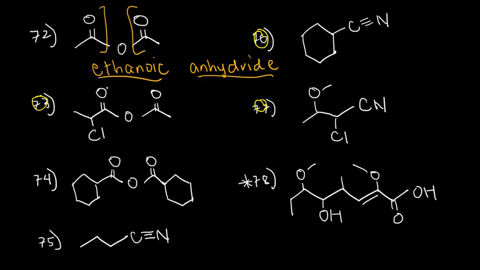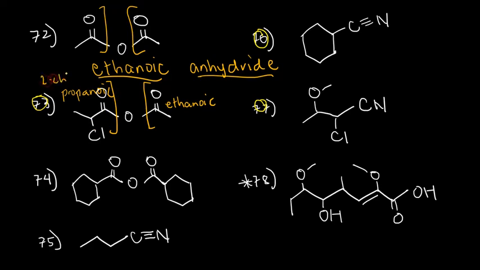Now, what if you have unsymmetrical anhydrides like this one, wherein one half is different from the other half? So here, you have to, of course, name them separately. So this one has 2 carbons, that's ethanoic. And then the other one has 3, so that's propanoic. And you have to remember that this one has a chloro substituent at number 2.